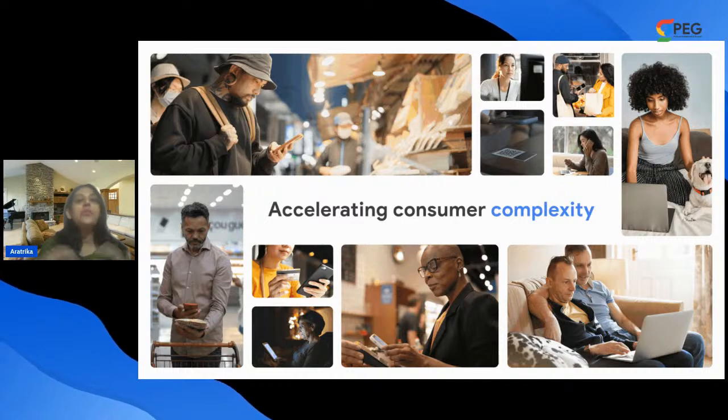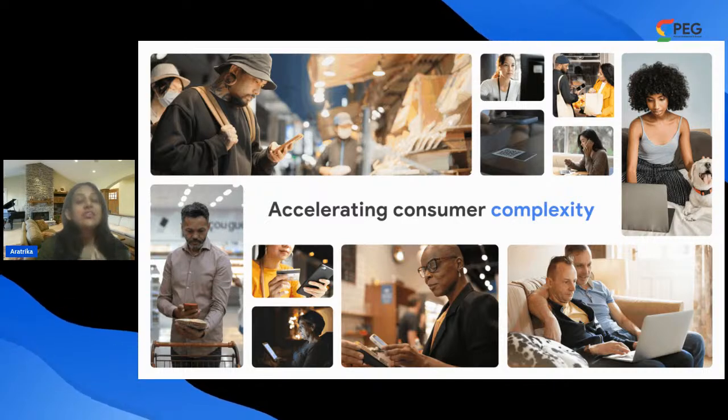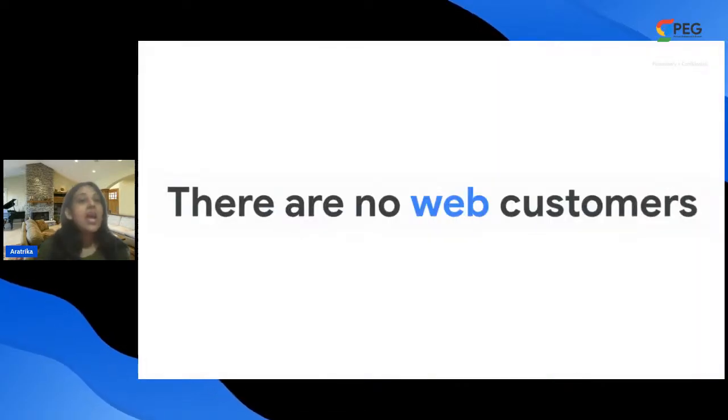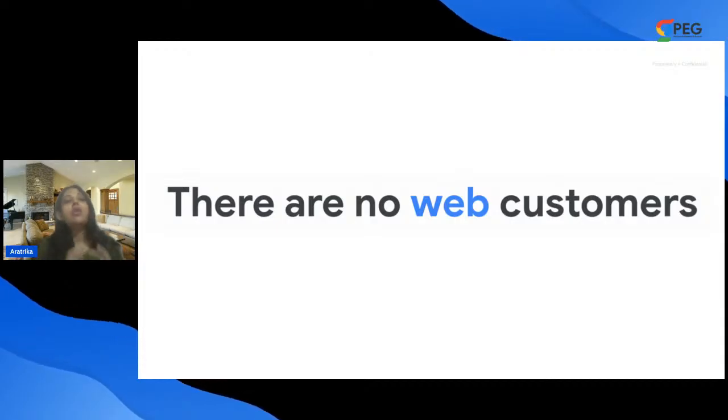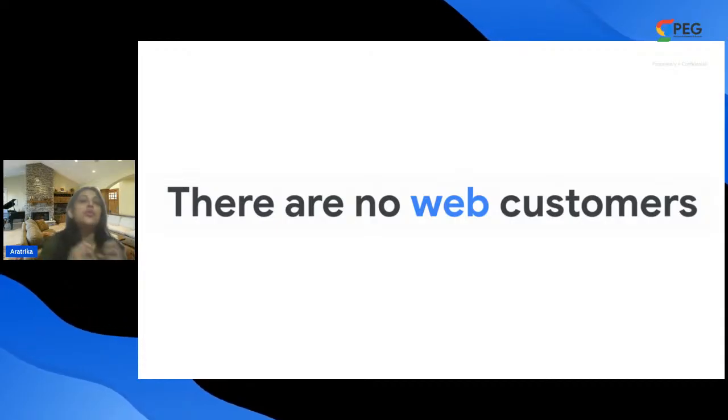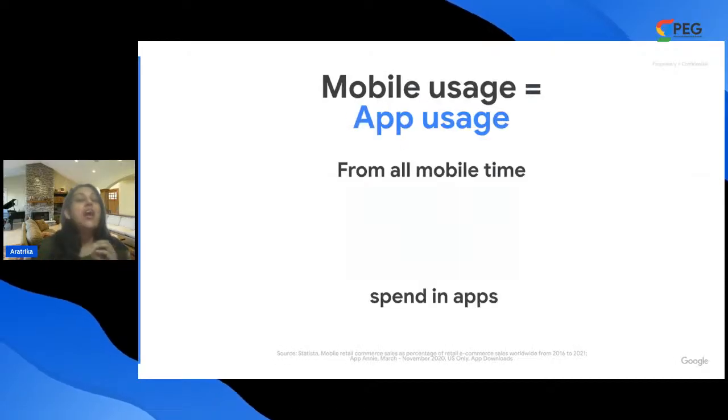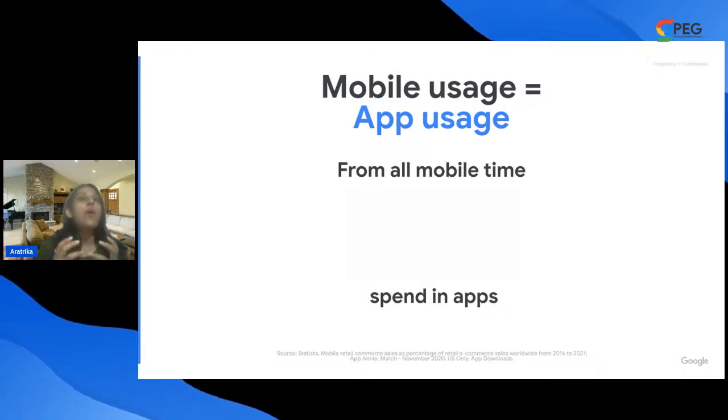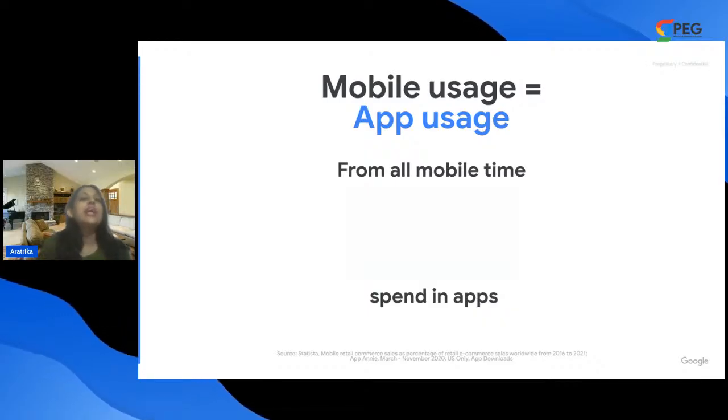Within web and app, there are multiple ways they can search for a product or service, and hence the overall consumer journey has become a little more complex. However, for this particular session, let's not look at web customers or app customers. Let's look at everyone as customers and then work on a solution that will give any kind of consumer an experience based on their needs.